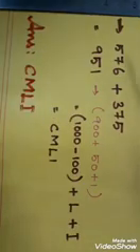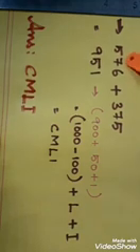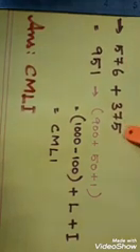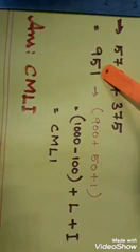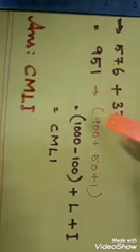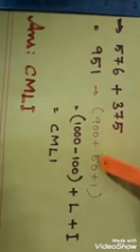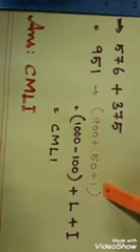Now add both the values. 576 plus 375. If you add, you will get the answer 951. We should write the answer in Roman numeral. So expand it. 900 plus 50 plus 1.